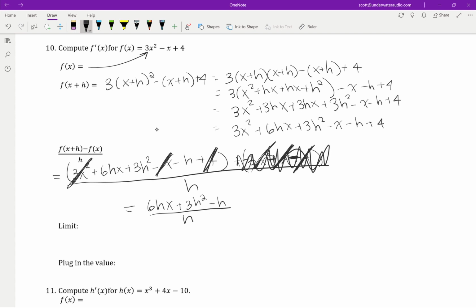Okay, there's an h in every term, so I can cancel, and I get 6x plus 3h minus 1.